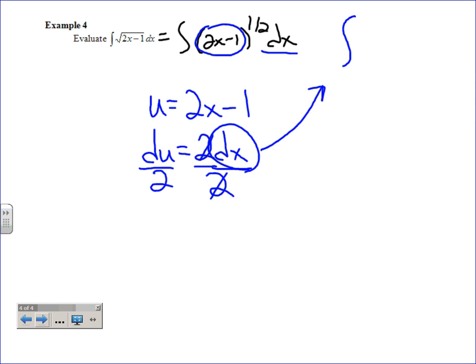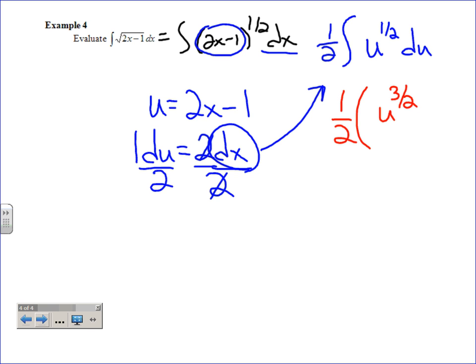So the 2x minus 1 can get replaced with u, and then to the 1/2. And dx gets replaced with, so here's dx, dx is, again, 1/2 du. And so we got a 1/2 just sitting right there, and then it's u to the 3/2.